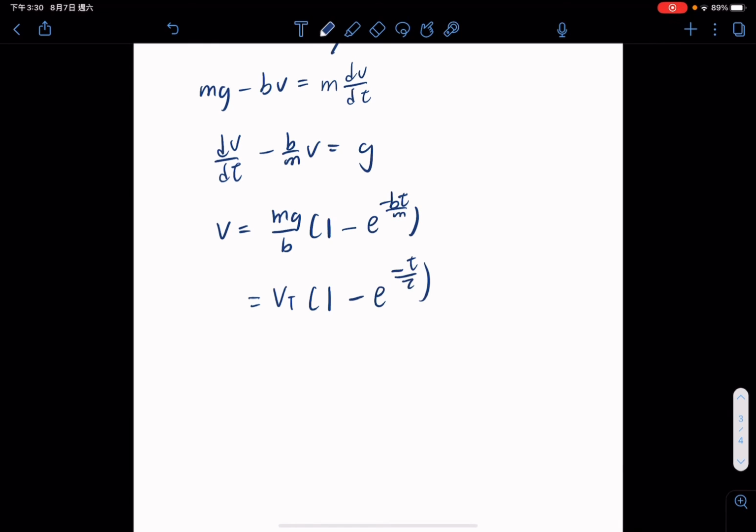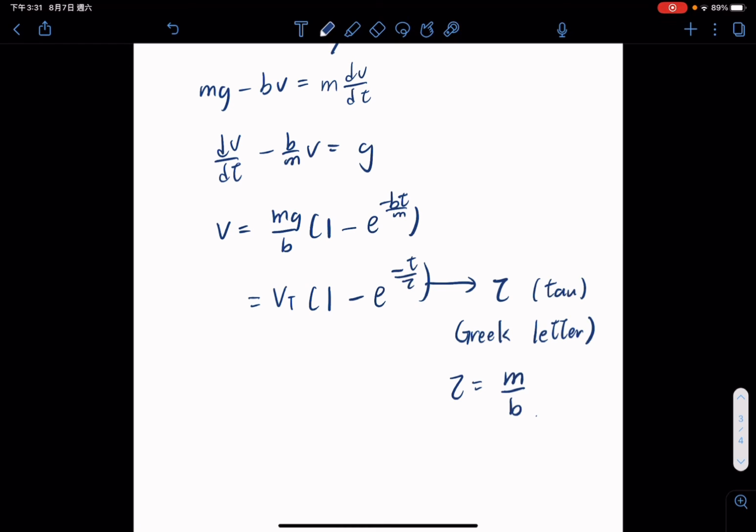This is tau, a Greek letter, and tau is equal to m over b. And e here is the Euler number, which is equal to 2.718.